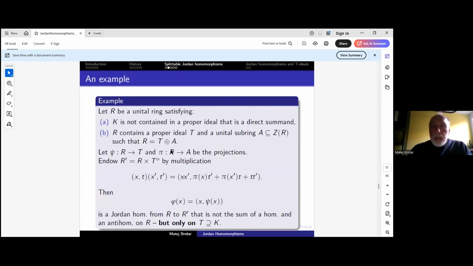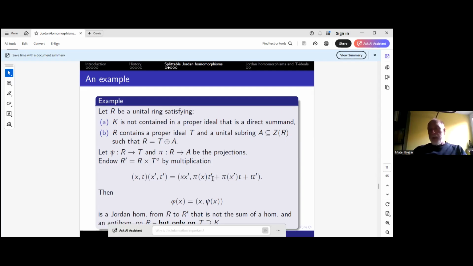But it shows that under relatively mild assumptions, you can construct a Jordan homomorphism on a given ring, on some classes of rings, which are not standard, do not arise from homomorphisms and anti-homomorphisms on the whole ring, but only on the commutator ideal.